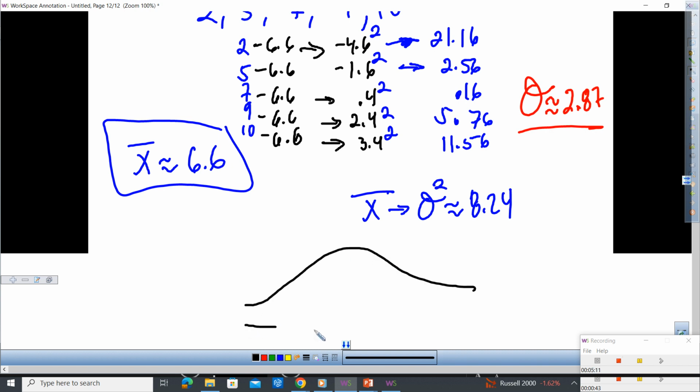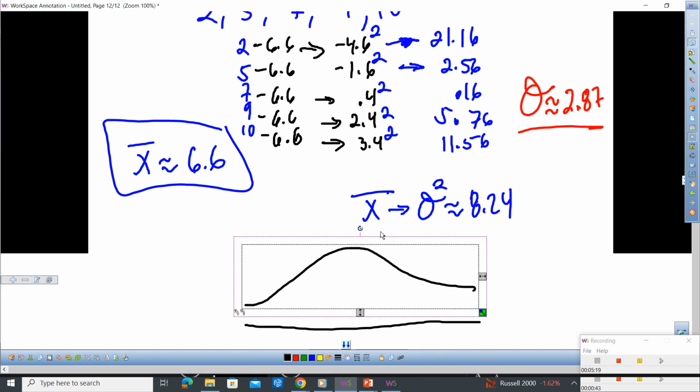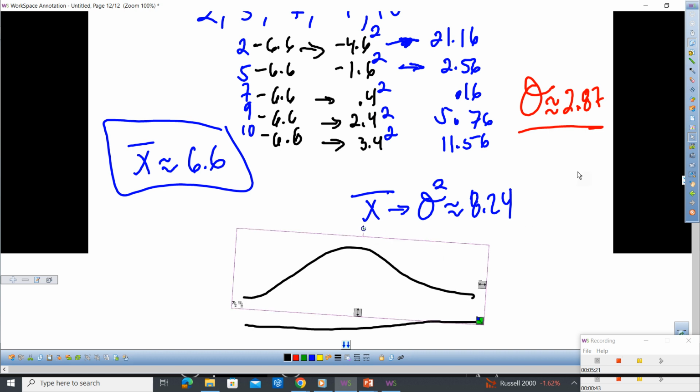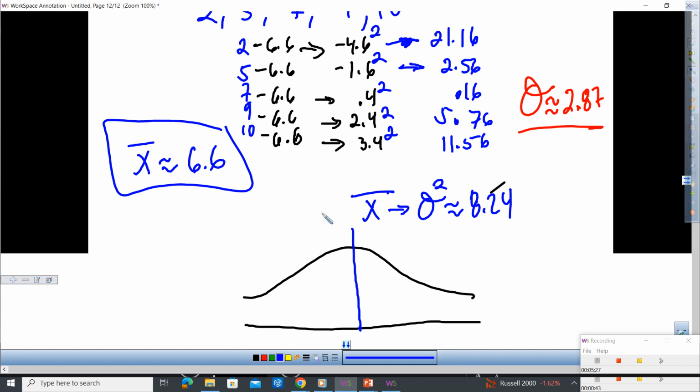So then here's our bell curve, nice and straight like mine. There it is. It's kind of crooked, isn't it? Let's see. Better? Let's go. So the mean right here is 6.6, yes?